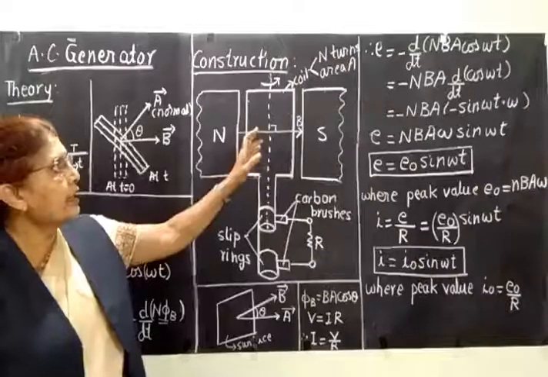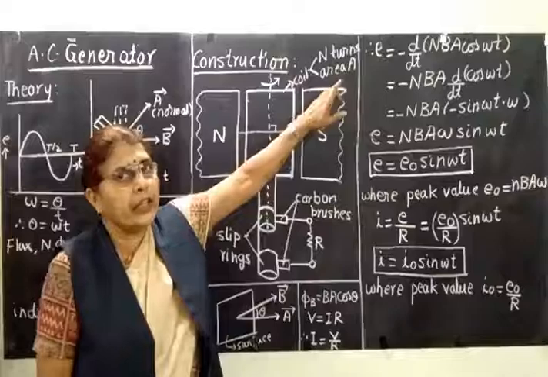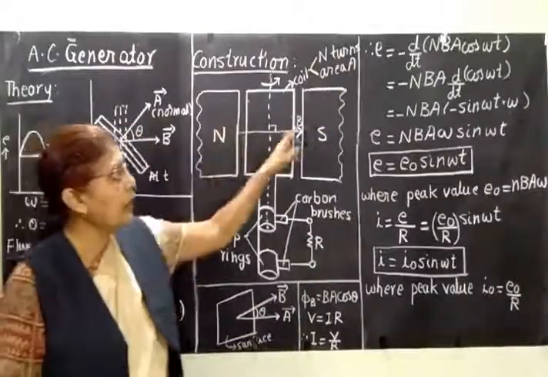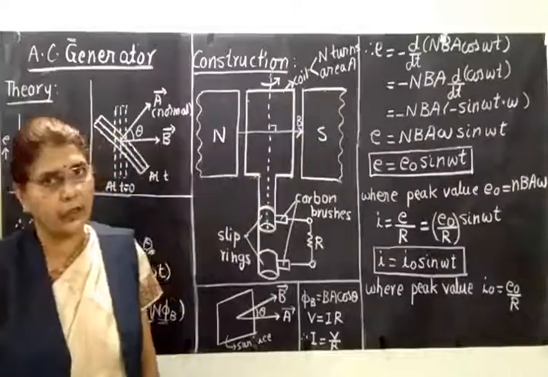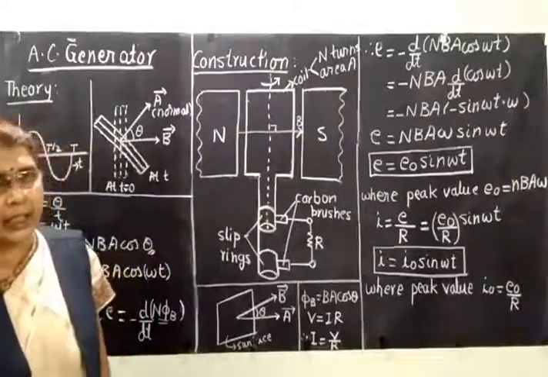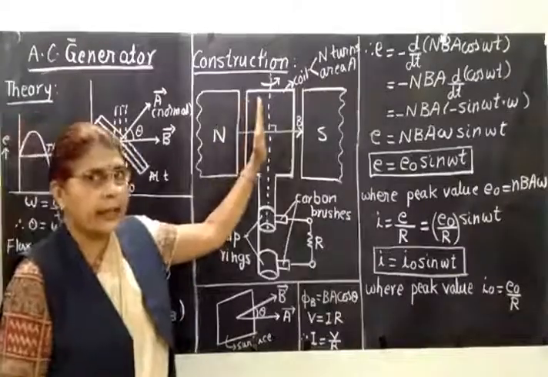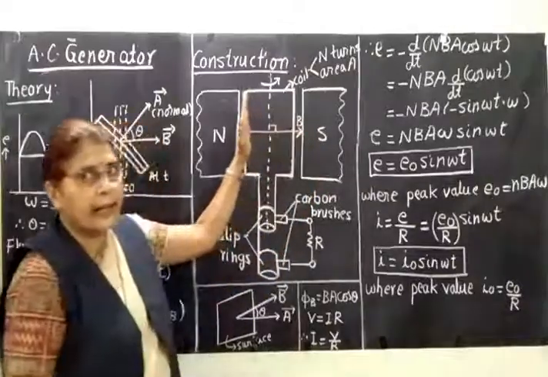Now let us say the coil has n turns and the area of each turn is equal to capital A. It is placed in a uniform magnetic field B between the pole pieces N and S of a magnet. Initially at t equals 0, suppose the plane of the coil is like this, that is, it is perpendicular to the direction of the magnetic field.